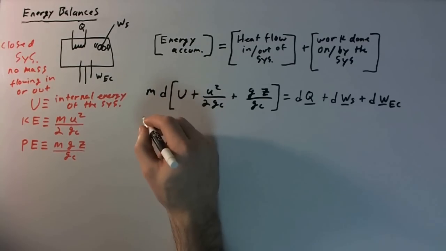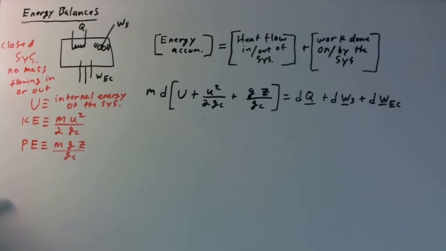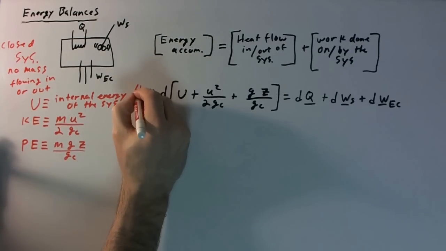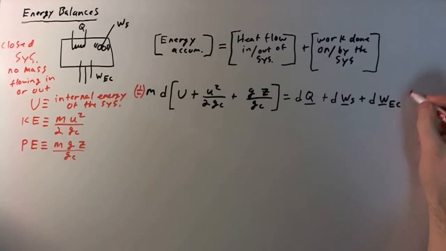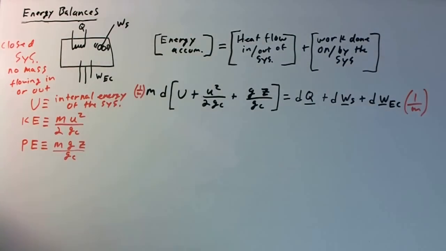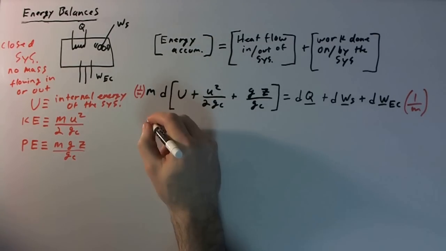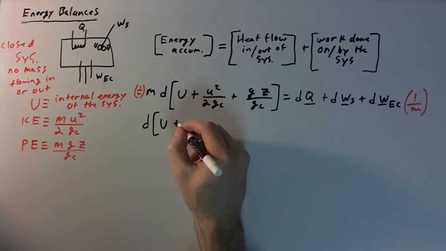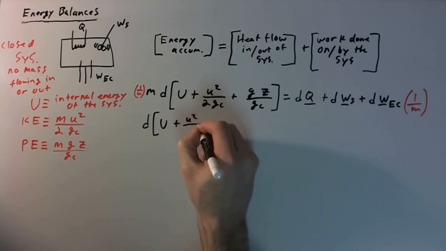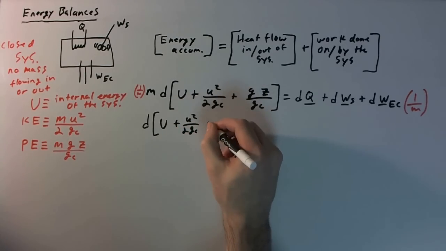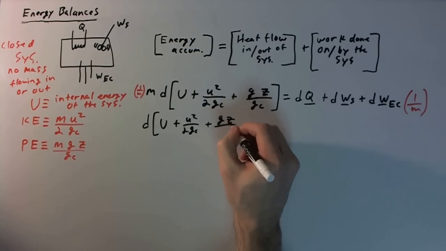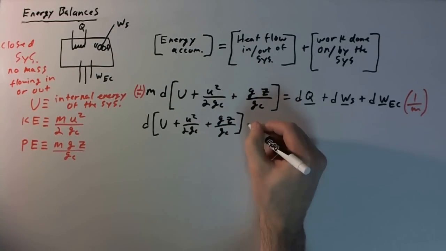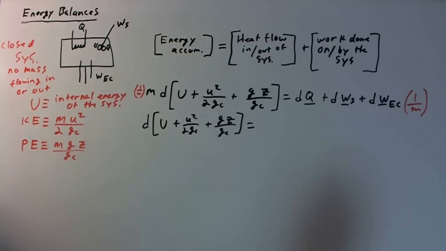So 1 over m, divide both sides by m, I get the change of internal plus basically the same thing, gravity times z over the gravitational constant, which is equal to, now in this case, it's not going to be extensive, it's going to be intensive.